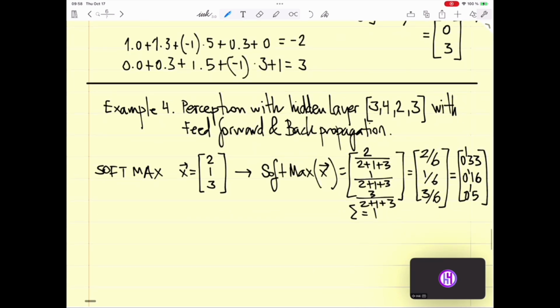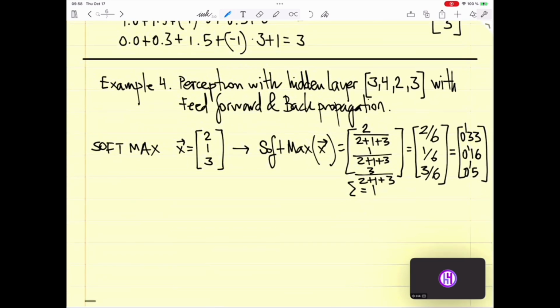So this is the softmax function, okay? And this is what we need, because this is going to be our decision layer.